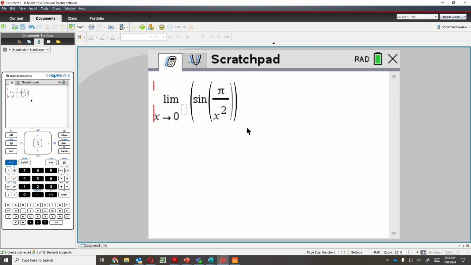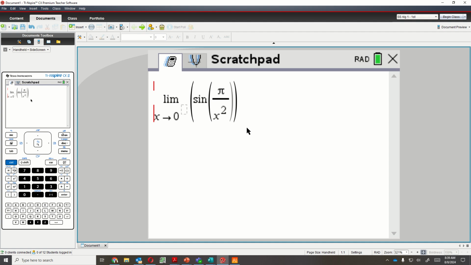Does yours do it? You guys actually have the newer version of the calculator, and what's it say? Undefined. So it's undefined because it is oscillating. It keeps going over and over again, so that means that as you get closer and closer to that number, it's never really going to get there.